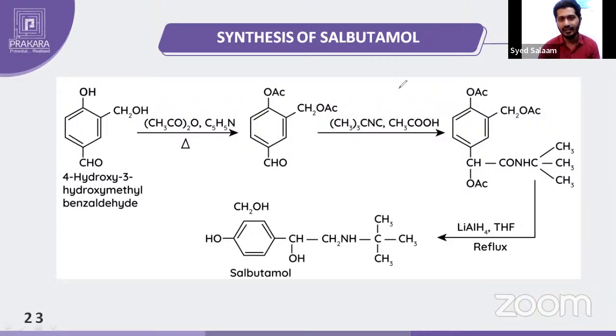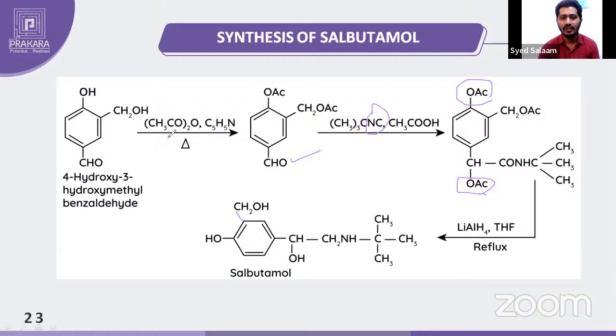So tertiary butyl cyanide will be helpful for attaching that moiety onto this benzaldehyde. Then later, in the presence of lithium aluminum hydride, these acetoxy groups will get converted into their hydroxyl moiety. So here we will be getting our final salbutamol.